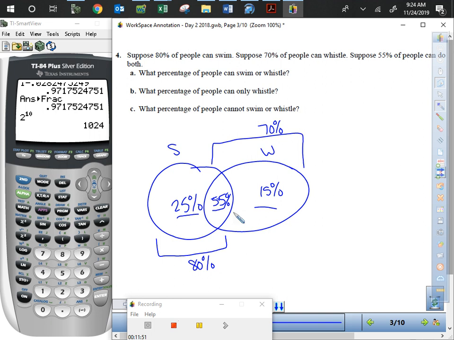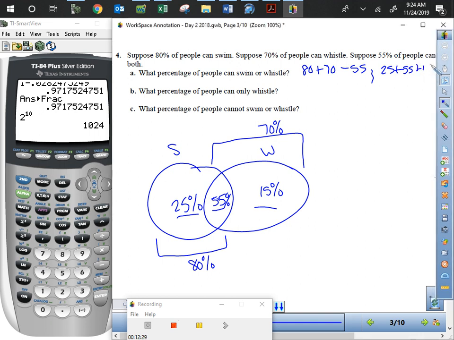So 2 options. You can take your 80 plus 70 minus 55, or since we set up our Venn diagram like that, we could take just our 25 plus our 55 and then plus 15. Doesn't matter to me how you get that answer. I'm going to move it down here where I've got just a little bit more space.